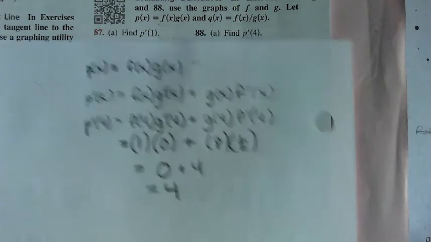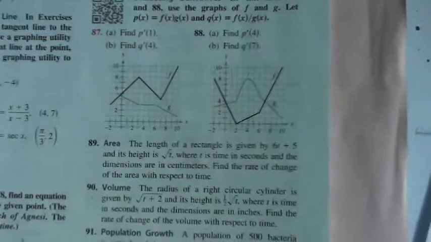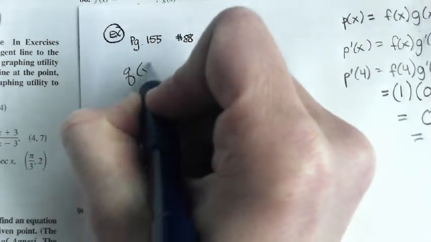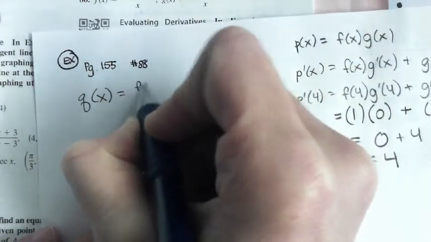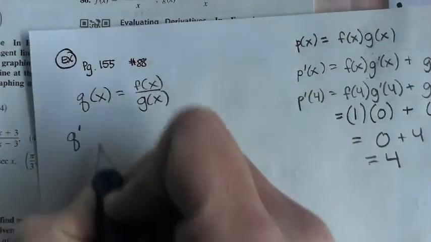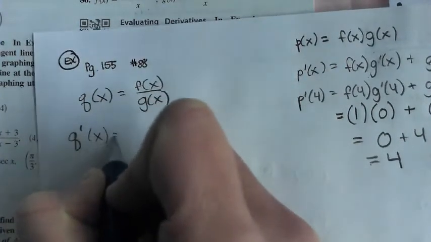Oh no, we have to do q prime of 7. Okay. Q of x, they have defined as f of x over g of x. So for q prime of x, we're going to follow our quotient rule.